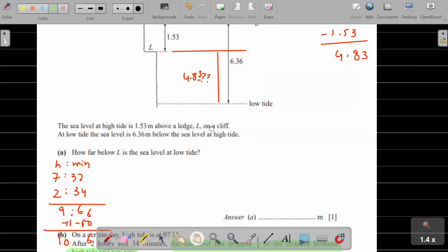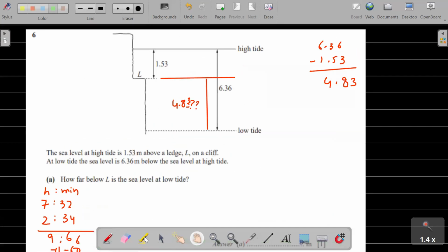This is our high tide and this is our low tide, and between them is the distance. So we are going to take 1/3 of it, which will be 2.12. 2.12 is the 1/3 of it.